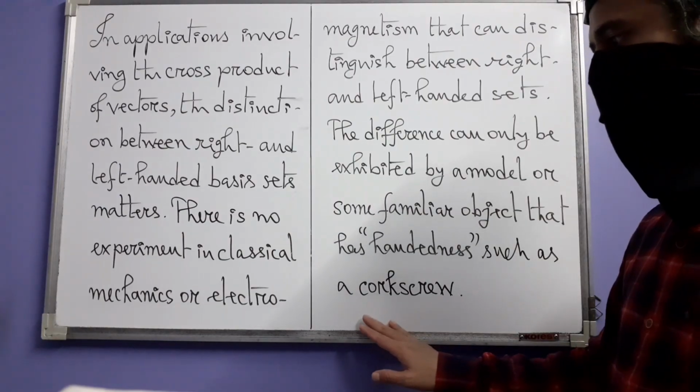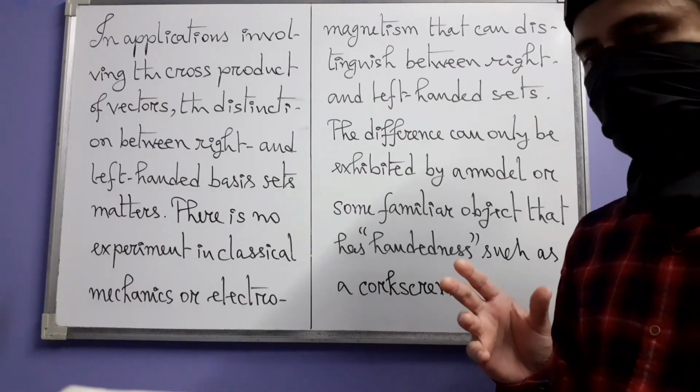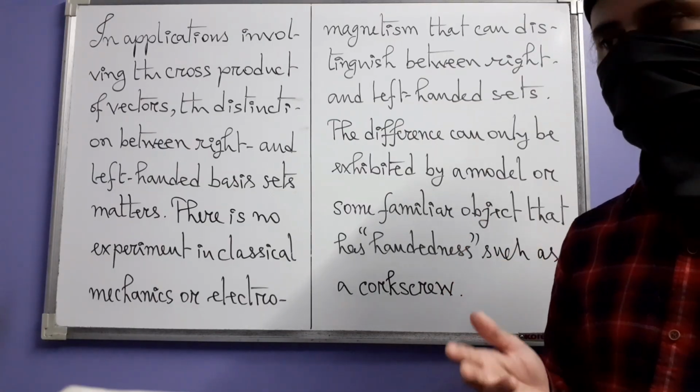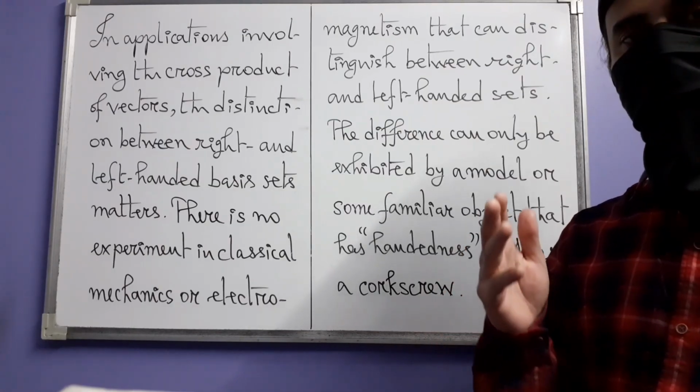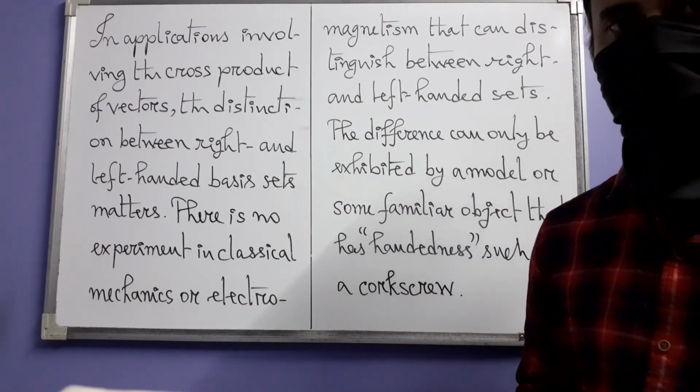We, however, luckily won't need that, because we will mostly be interested in the handedness of a special type of basis set, that is, orthonormal basis sets.